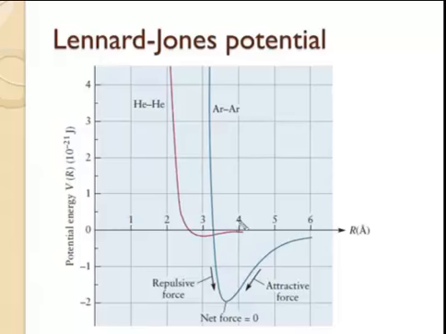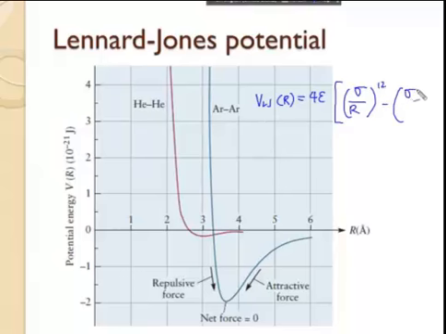The Lennard-Jones potential takes the form V_LJ of r, meaning it's a function of the separation distance, equal to 4 epsilon times sigma over r raised to 12, minus sigma over r raised to 6.